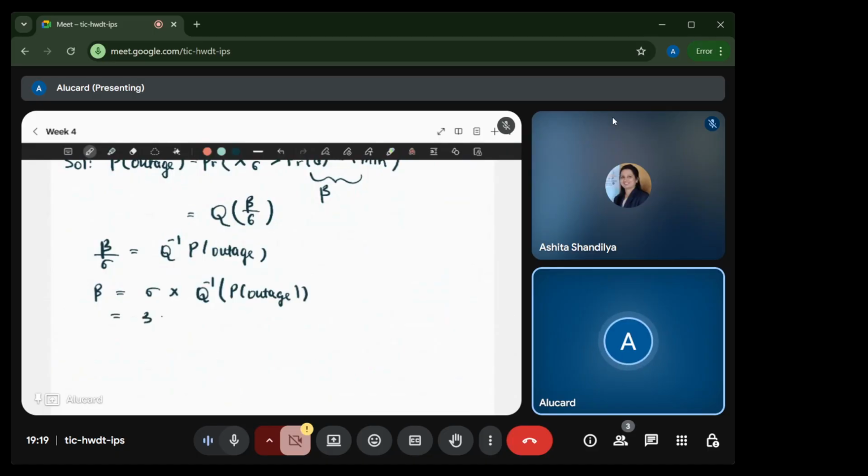Sigma is 3 dB, p outage is 2%, which is 0.02. So go and find the value of Q inverse of 0.02, put it into the formula, you will get the margin in dB because sigma is in dB.